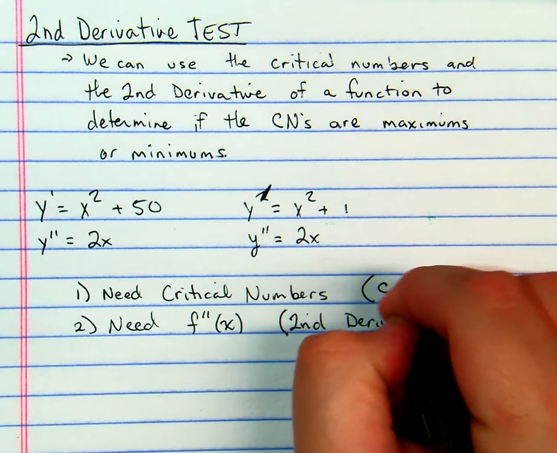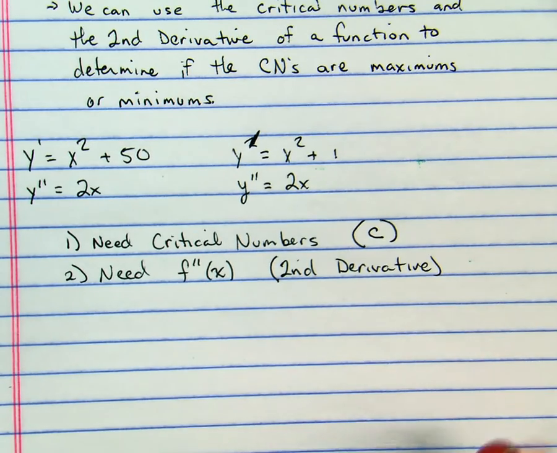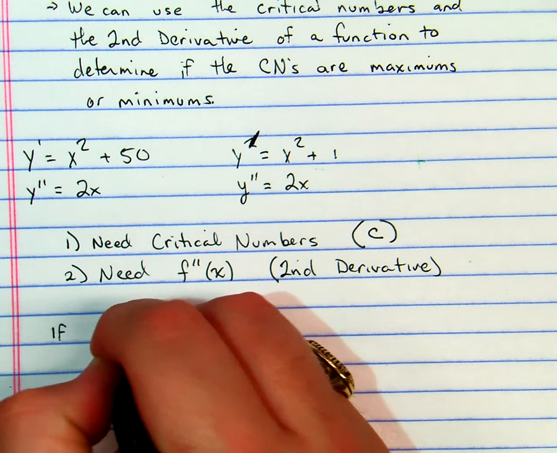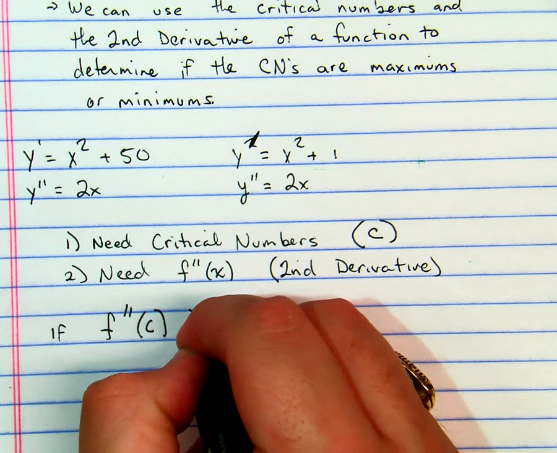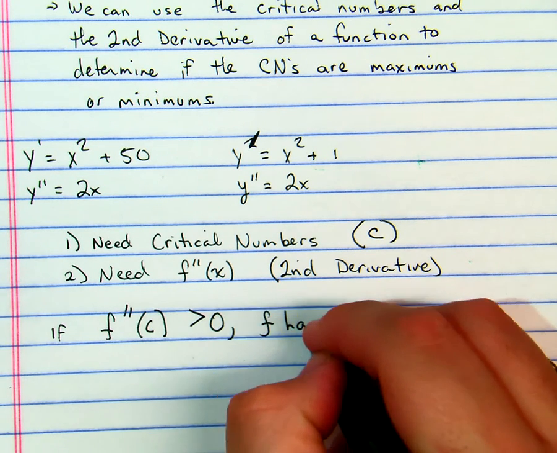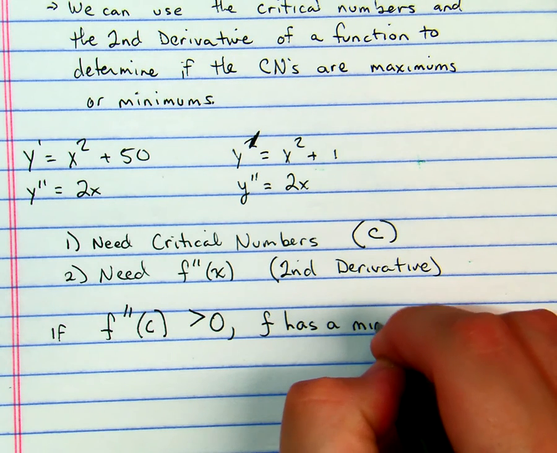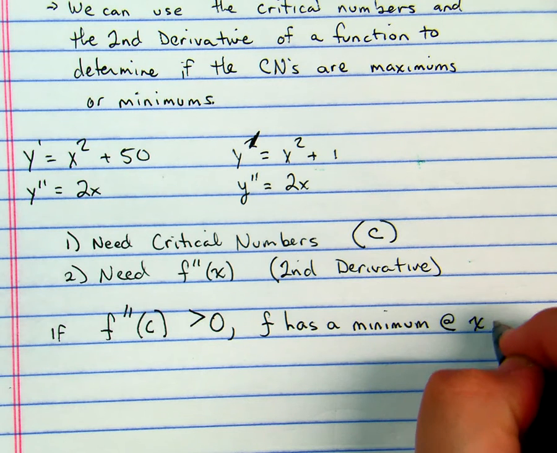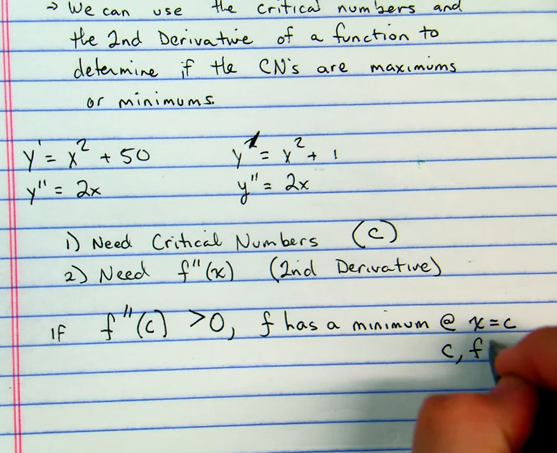And I'll call the critical numbers c. Now, if f double prime at c is greater than 0, the function that we're dealing with, f, has a minimum at x equals c, or you can think of c comma f of c.